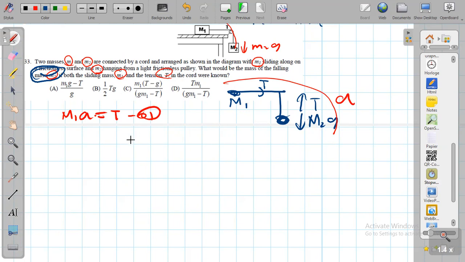Here, M2G minus T equals to what? M2A. So here the tension factor, I can include it here with tension, M2A.